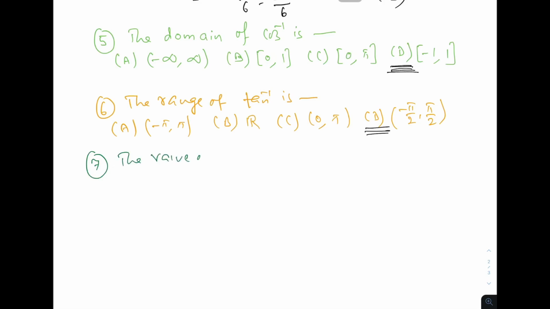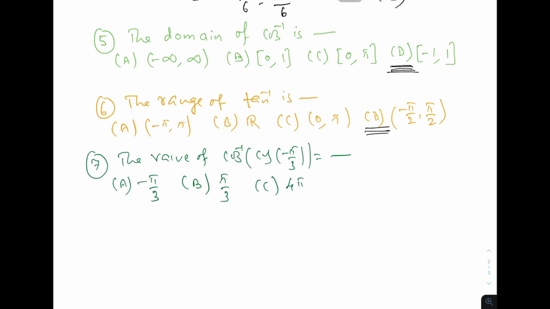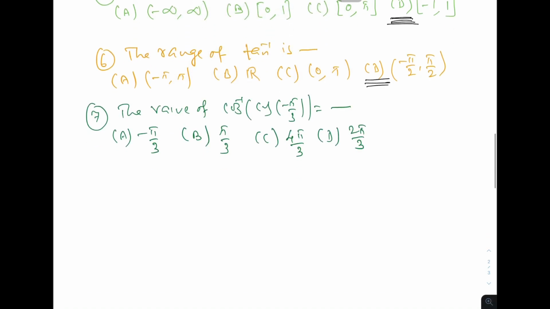Okay, let us take one example. The value of cosine inverse cosine minus pi by 3 is blank. Options are minus pi by 3, pi by 3, 4 pi by 3, and 2 pi by 3. Okay, this is not difficult.